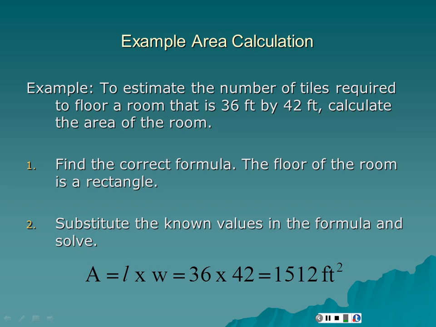For an example, we are trying to calculate an area here to estimate the number of tiles required to floor a room that is 36 feet by 42 feet. Calculate the area of the room. Now, in general, what could be the shape of a room?